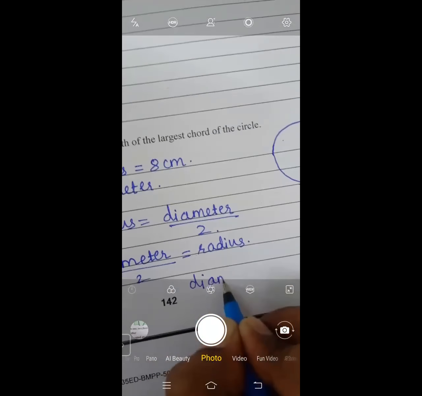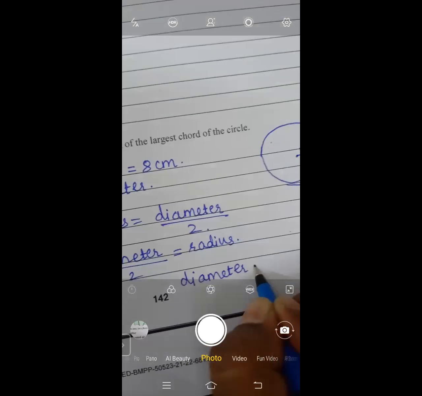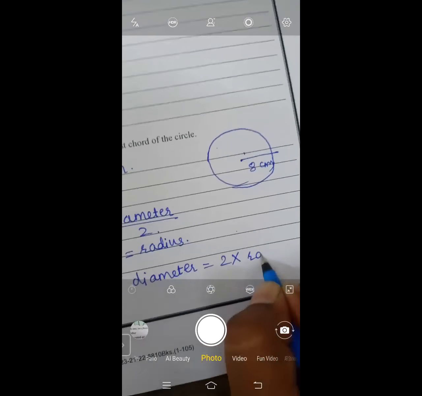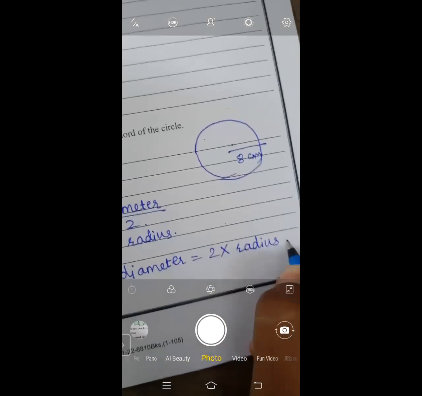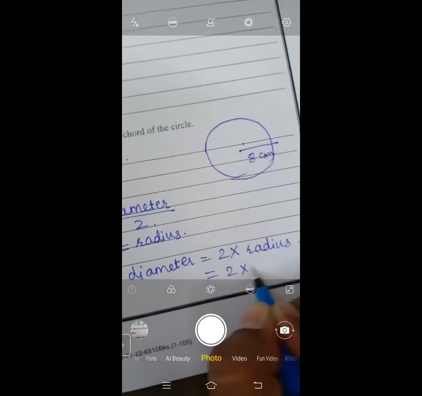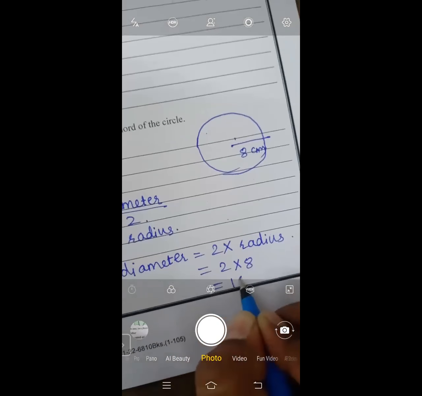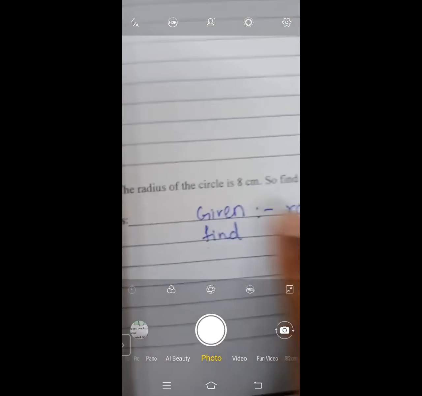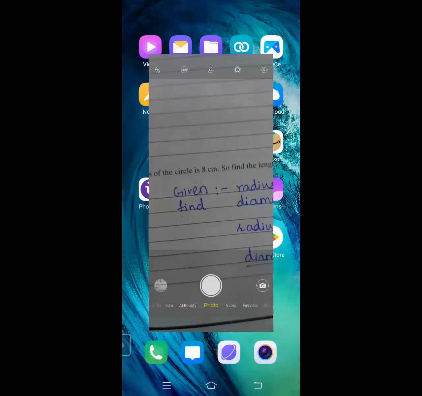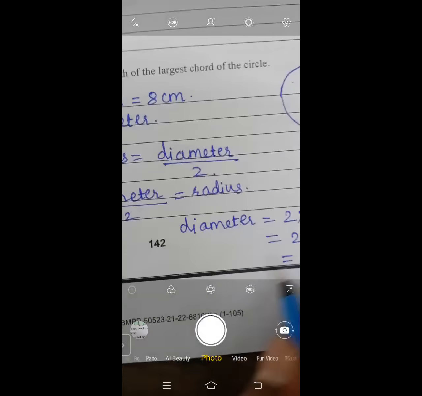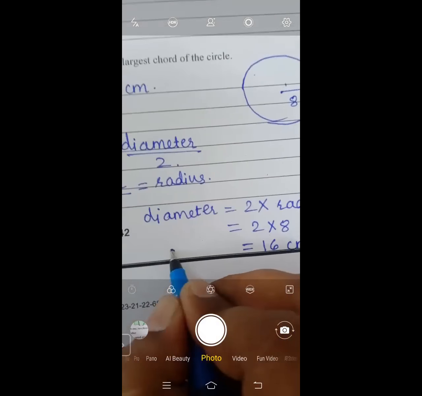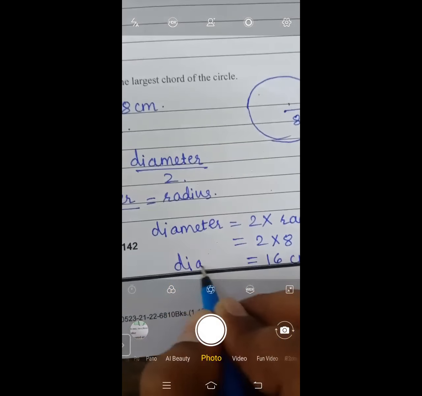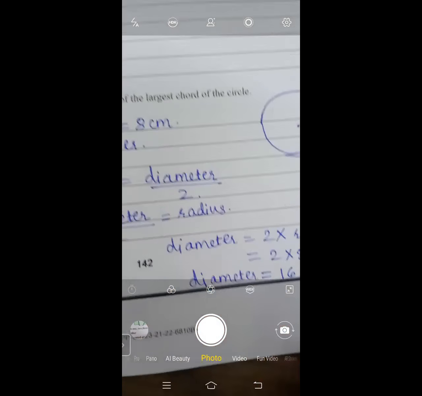So diameter is equal to 2 into radius, or twice the radius. So 2 into 8, 8 2s are 16. The given unit for radius is centimeter, so the diameter I got will also have the unit centimeter.